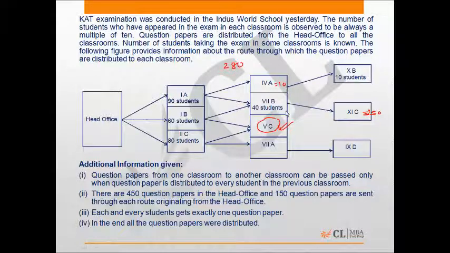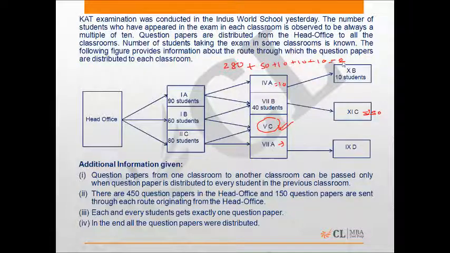Similarly, the number of students in class 7th A as well as 9th D will be 10. Therefore, the number of students across all the classes excluding 5th C put together is 280 plus 50 plus 10 plus 10 plus 10.